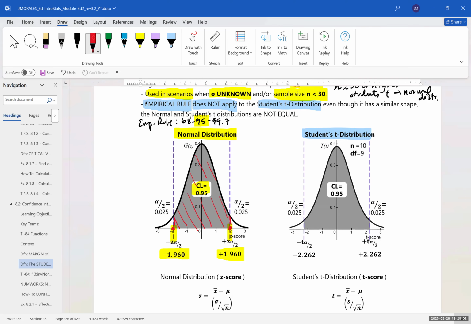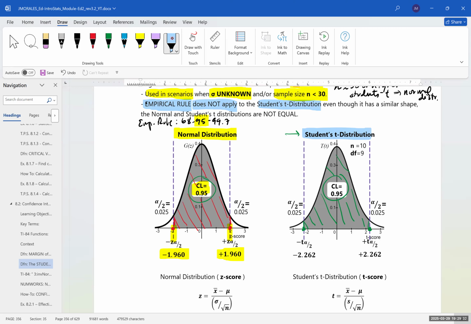Now, if we skip on over to the student's t-distribution, you can see the center, we also have an area of 0.95. So even though the area is identical, the boundary, the critical values that create an area of 95% are different.